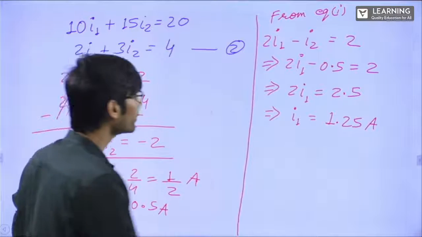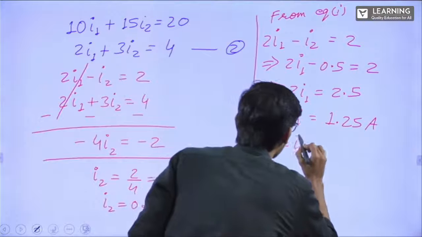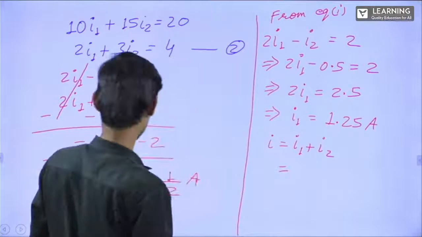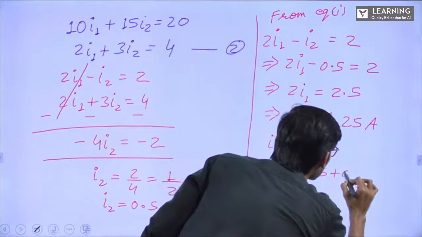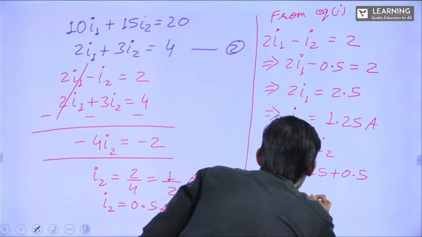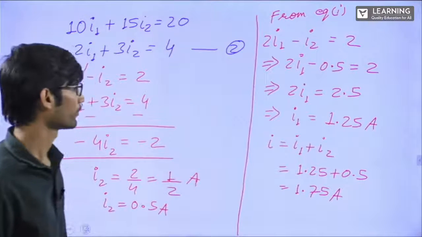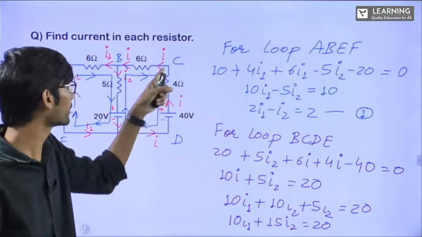Done. Now what will be I? I1 plus I2. That is equal to 1.25 plus 0.5, that is 1.75 ampere. That is I. So now in this circuit, 1.75 ampere current is going from here.